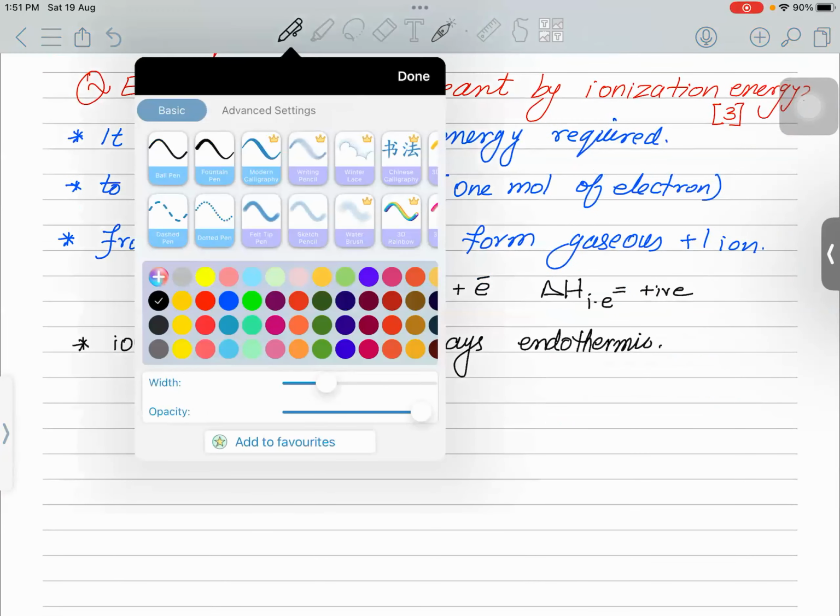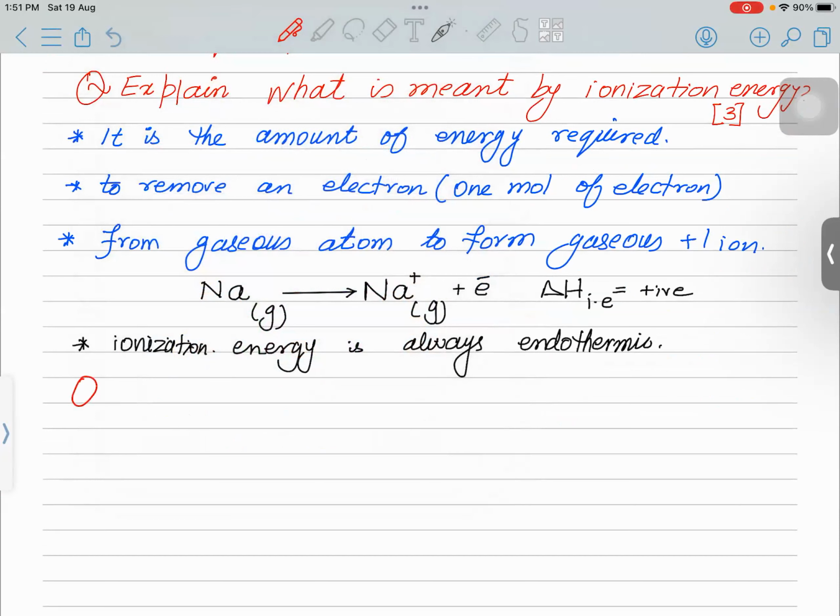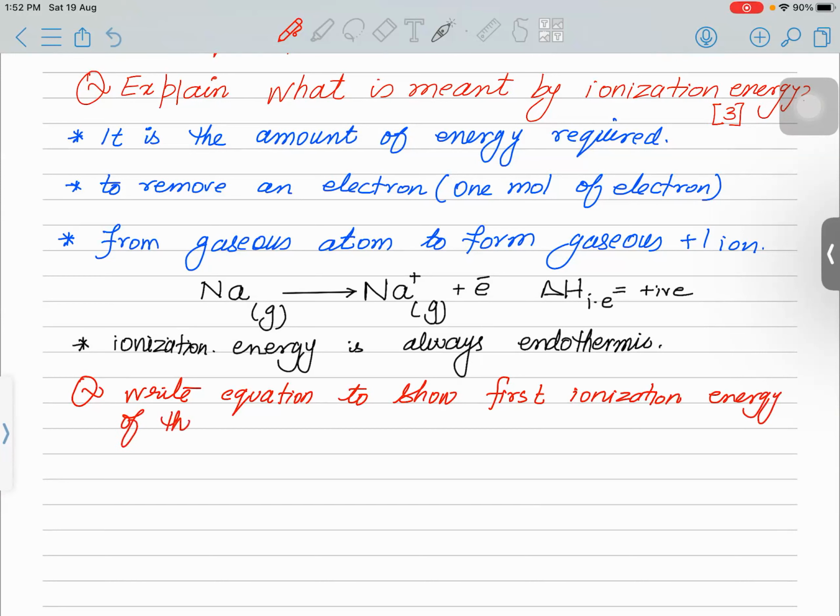Now, the examiner asked: write the equation to show the first ionization energy of the following.